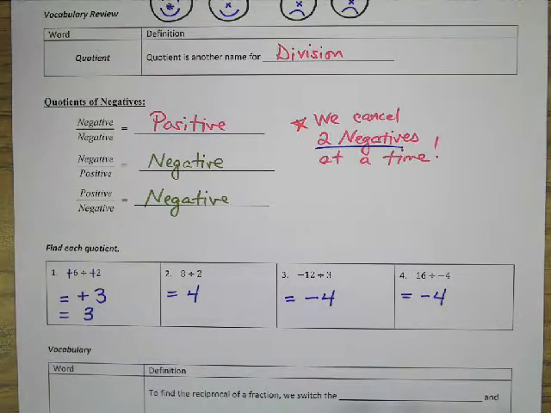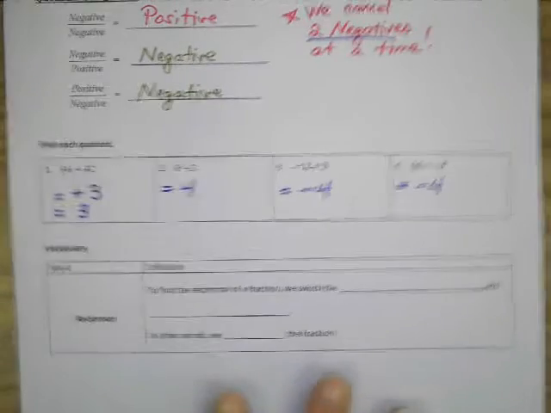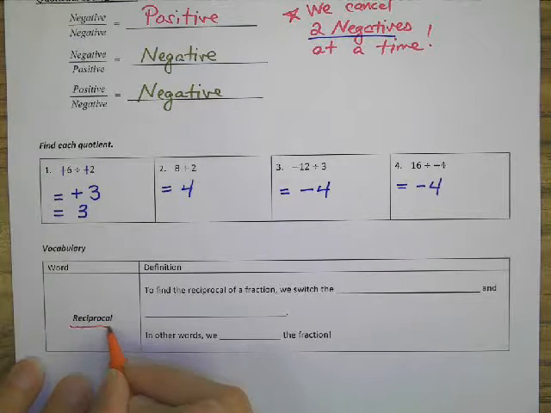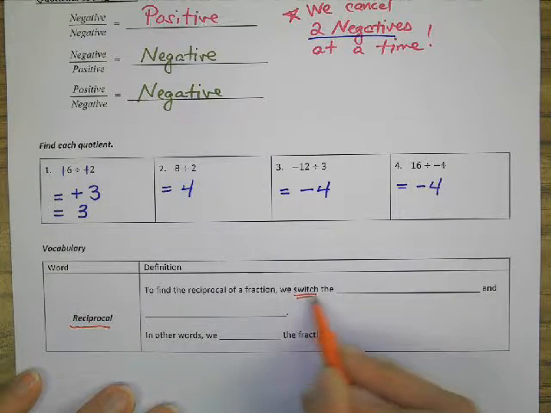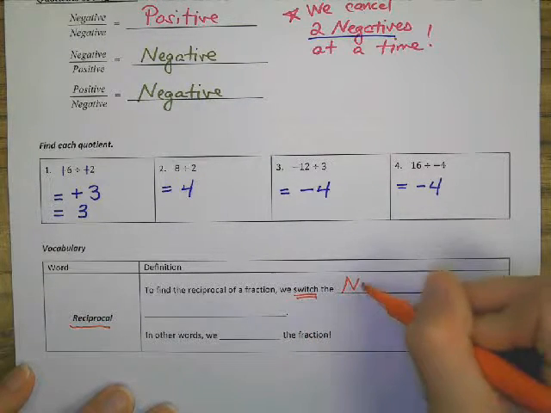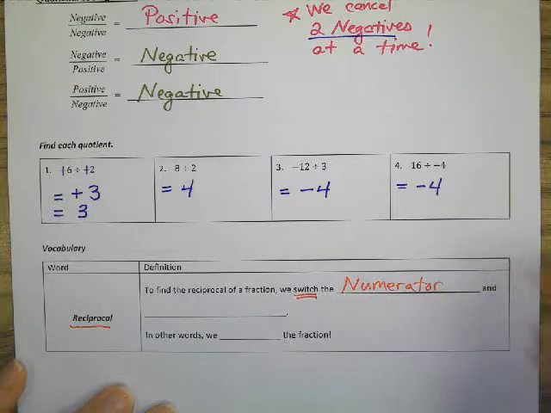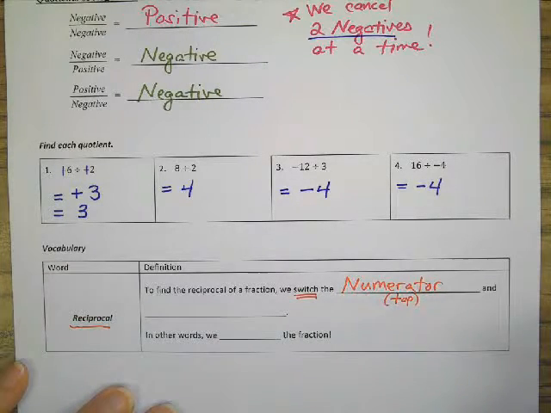Okay, now that we know if the answer is positive or negative, we're going to do some reciprocal work today. This is a very important topic. They use it a lot in algebra, reciprocal. To find the reciprocal of a fraction, we switch the numerator. The numerator is the number on the top of the fraction.